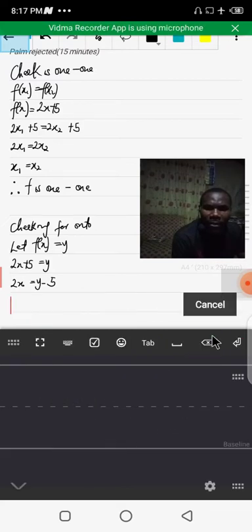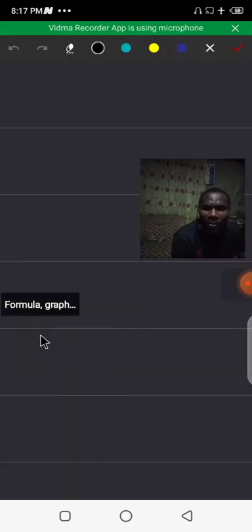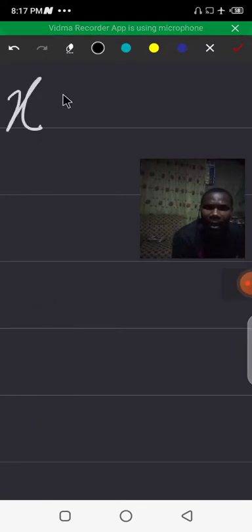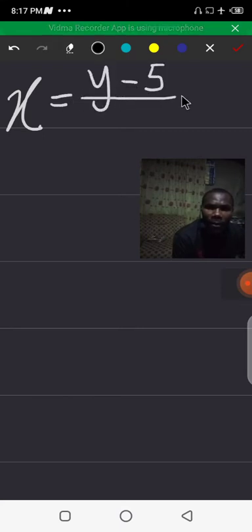Now let me write it very well. You have to be in this form to say that x is equal to y minus 5 all over 2. Now this is the value.